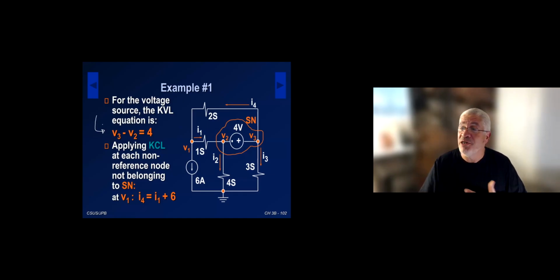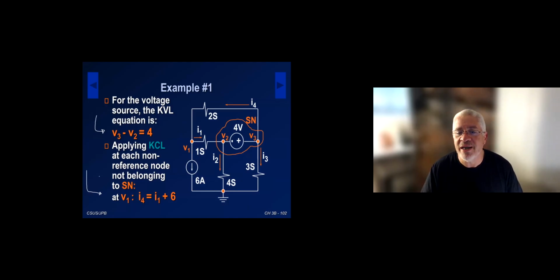Okay, the next question that I would ask for this particular problem here, do we have regular nodes here? Remember how I'm defining regular nodes? It's a node that is not the reference node and not connected to a voltage source. Yes, we do have a regular node. It's node V1. So I can do a KCL at node V1 just like regularly before, right?